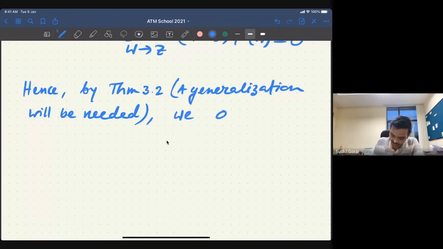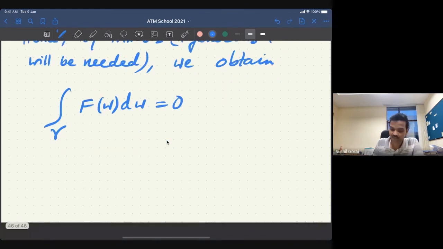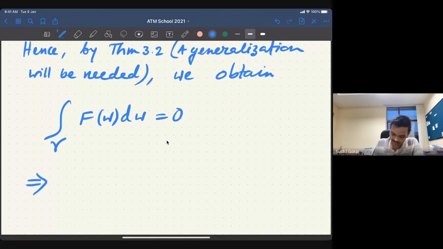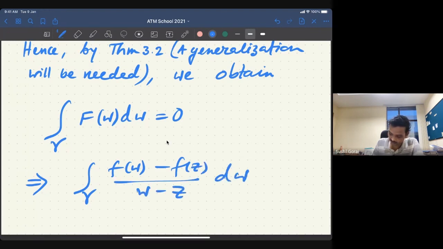You obtain that the integration over gamma of capital F(w) dw is 0. Hence the integral over gamma of (f(w) minus f(z)) by (w minus z) dw equals 0.